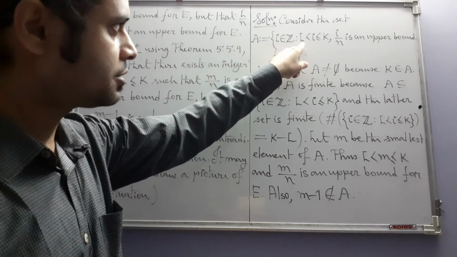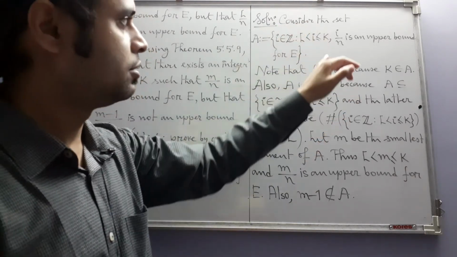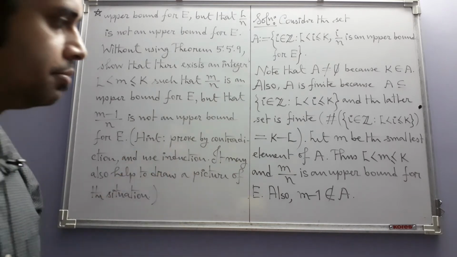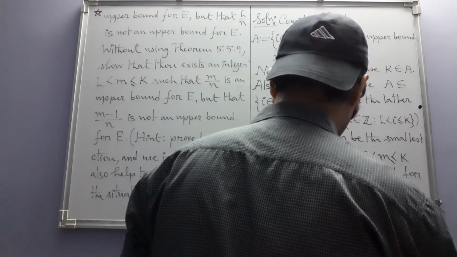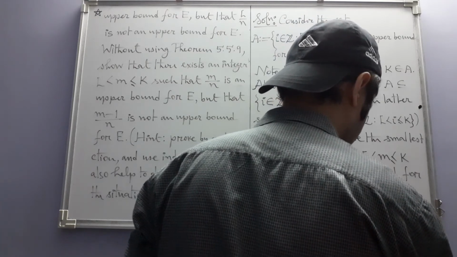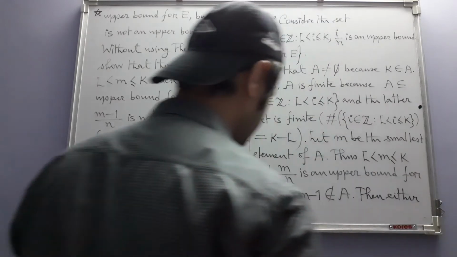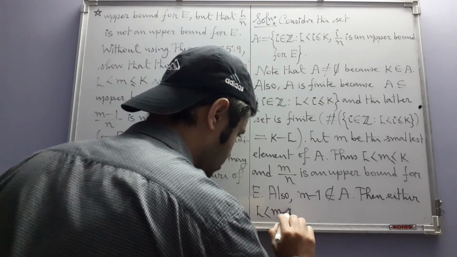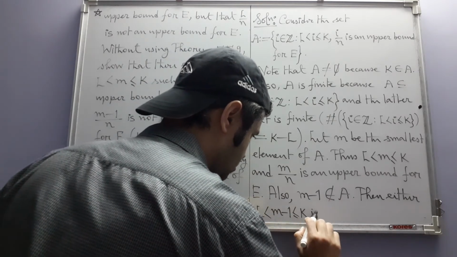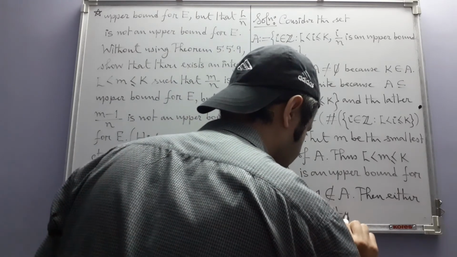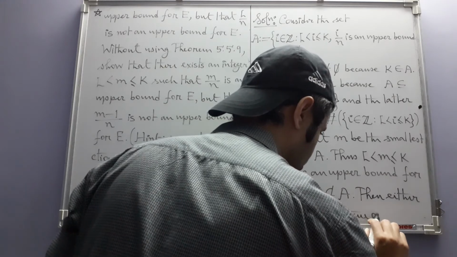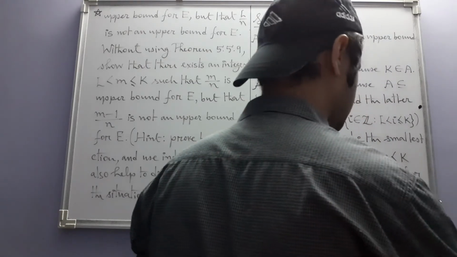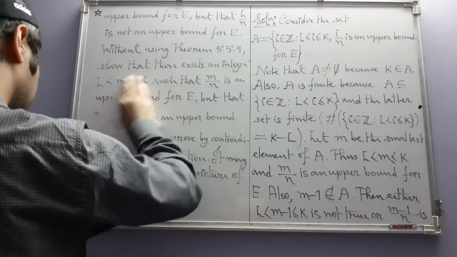That is, either M minus 1 does not satisfy these inequalities, or M minus 1 divided by N is not an upper bound for E. Then either this is not true, or this is not an upper bound for E, or both.